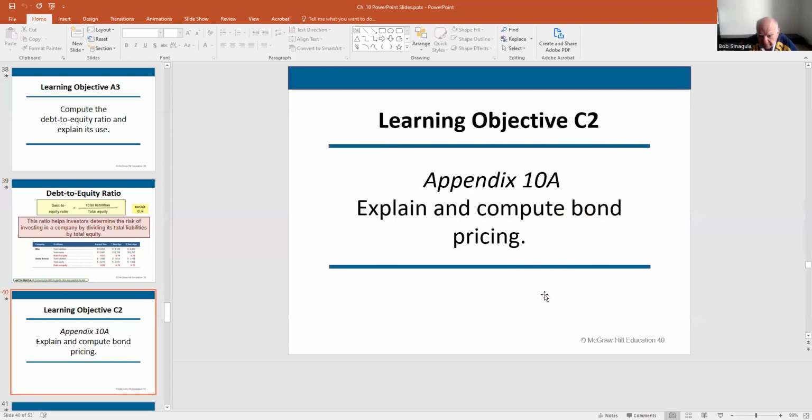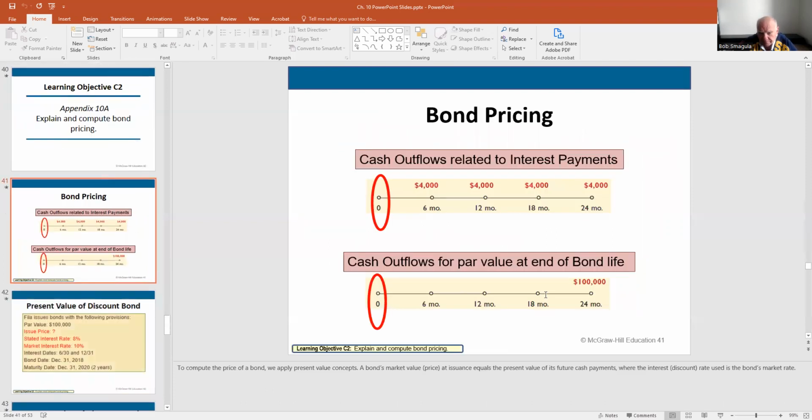Bond pricing. Let's go over this a little bit, finish up with this. What the heck is this? Cash outflows related to cash payment, to interest payments. We're going to pay $4,000 after 6 months, $4,000 after 12 months, 18, etc. We're going to make $16,000 worth of payments, and the cash outflow here isn't until the end of the bond.